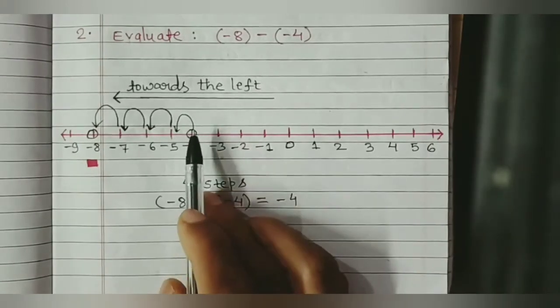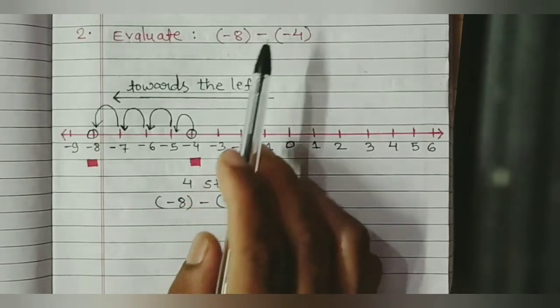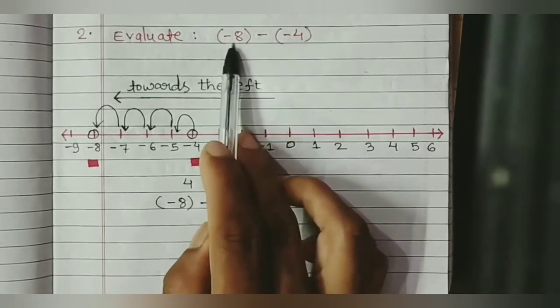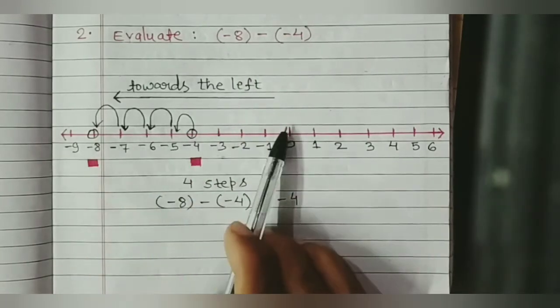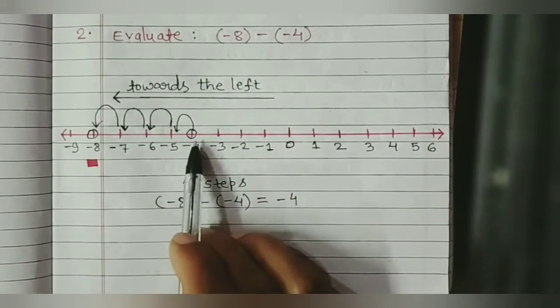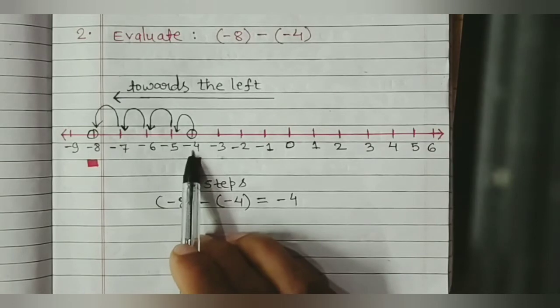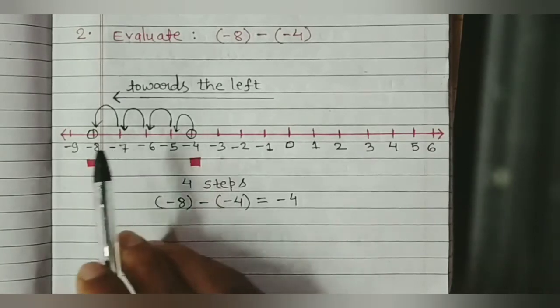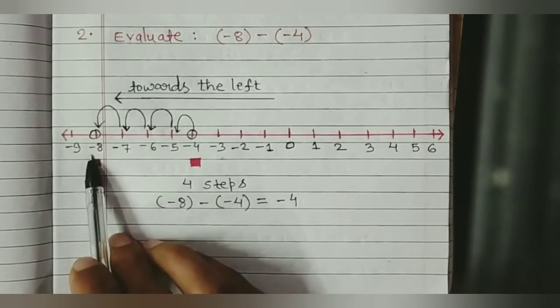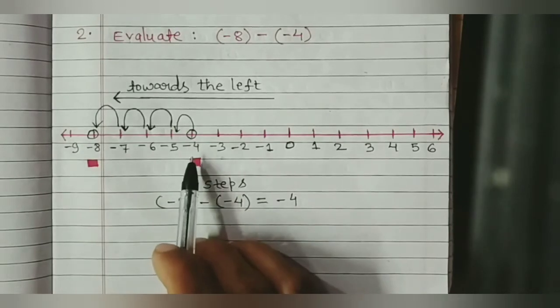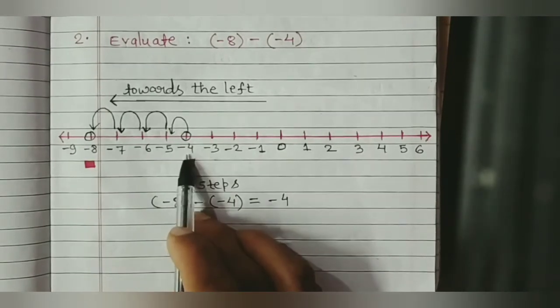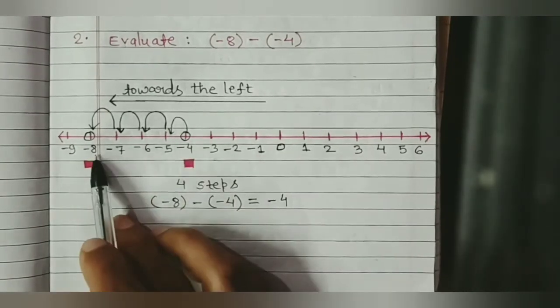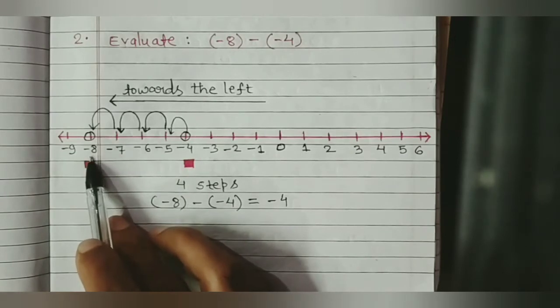Clear? So now what are we going to do? We are going to move from the second integer to the first integer on this number line. Here the second integer is minus 4 and the first integer is minus 8. So we are going to move from minus 4 to minus 8.